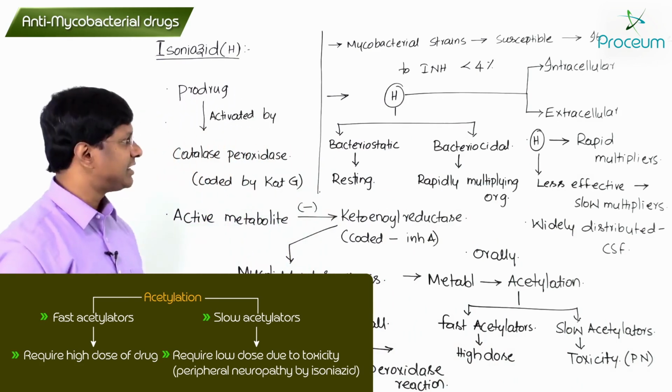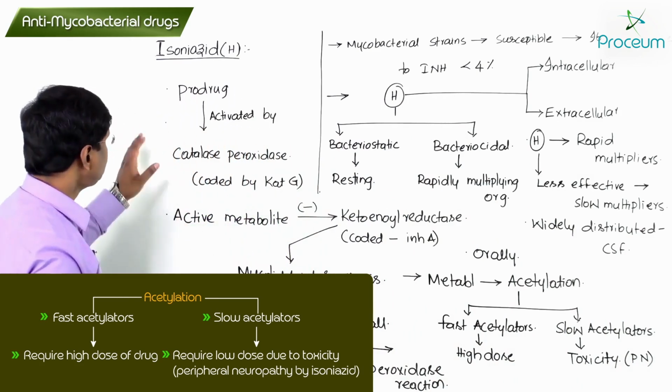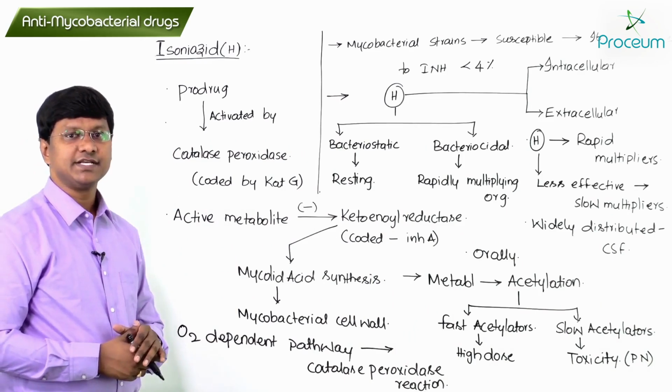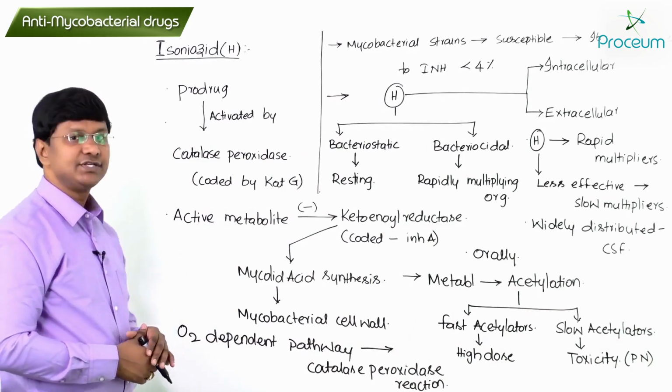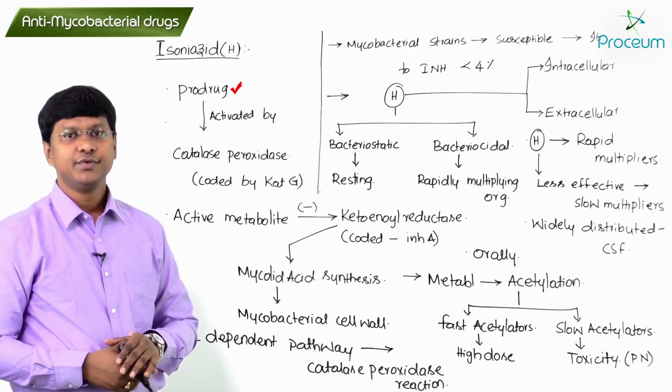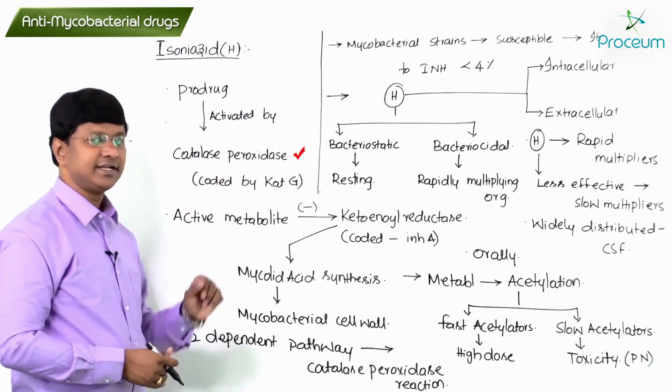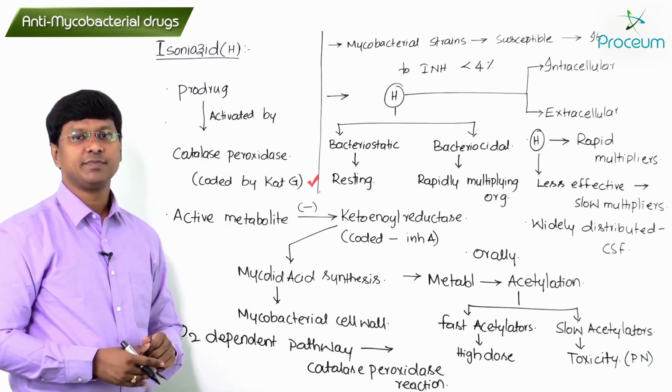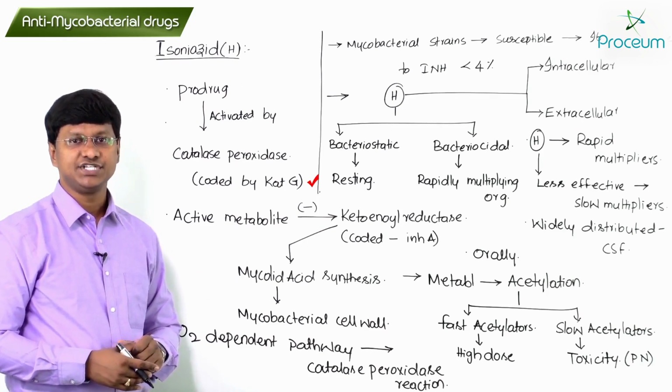So let me shortly revise until here now. Isoniazid is a prodrug which is activated by catalase-peroxidase, which is coded by the KatG gene.